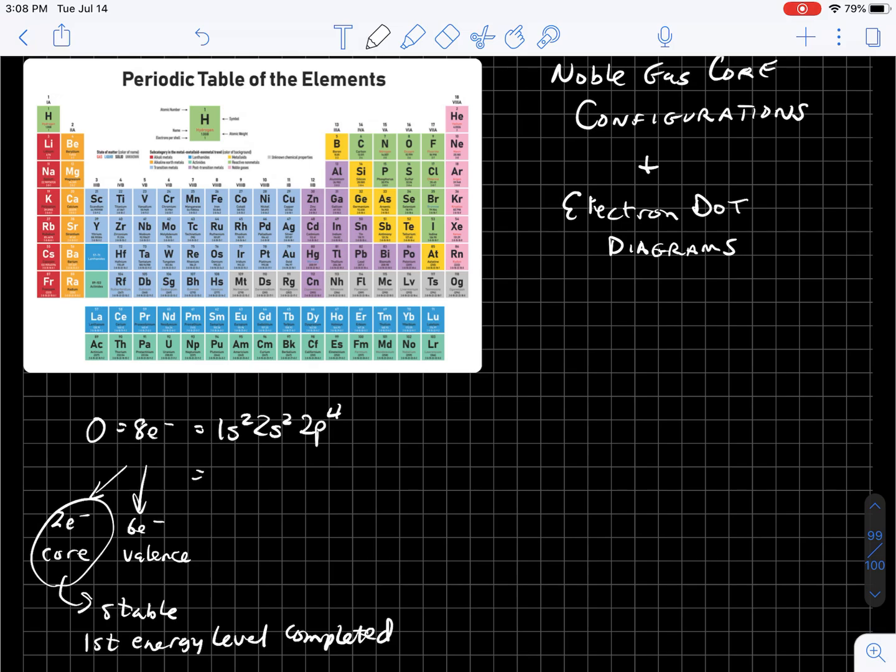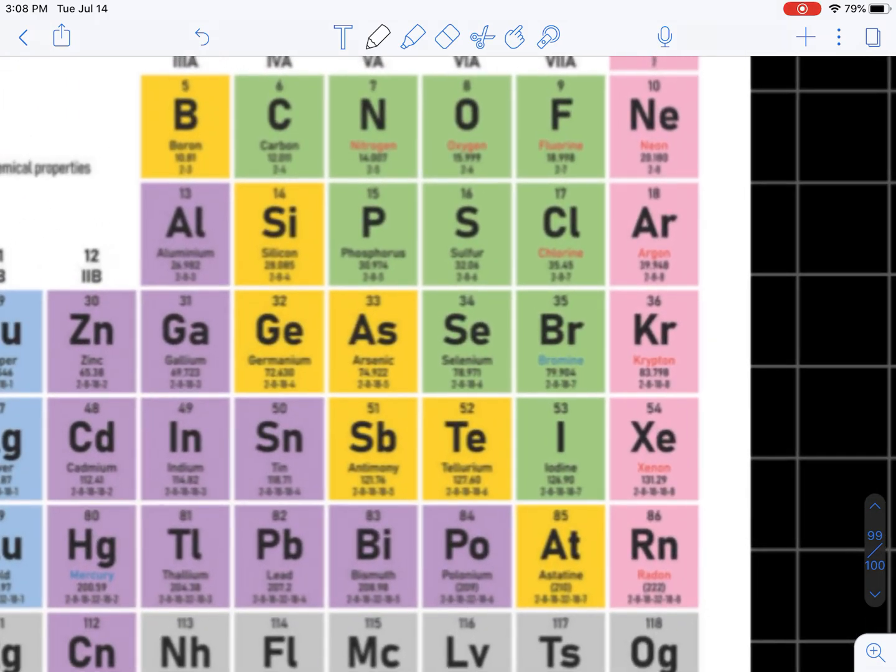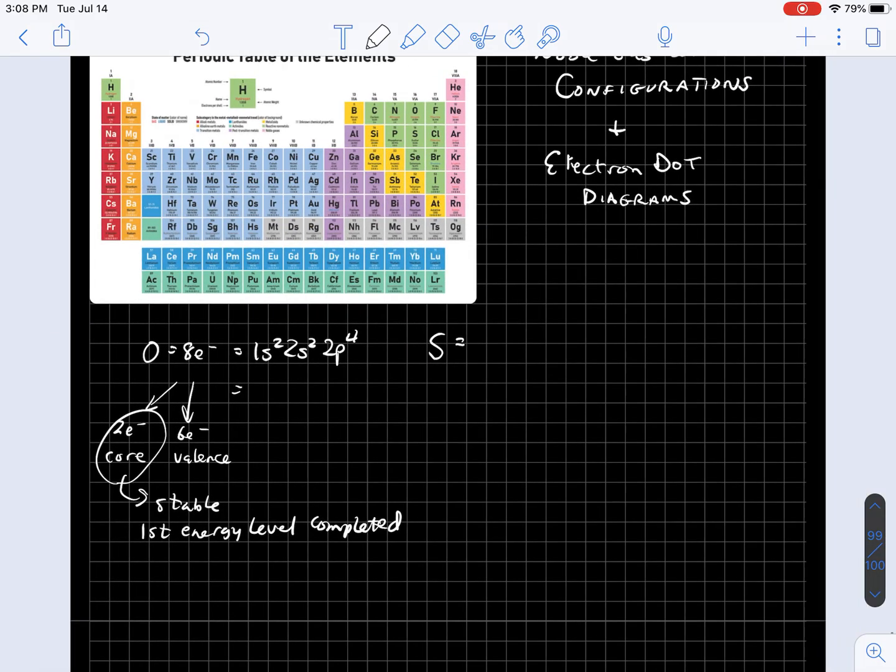Now if you take a look at sulfur, which has 16 electrons, again, we get a configuration of 1s2, 2s2, 2p6, 3s2, 3p4. And it turns out that there are 10 core electrons, and there are a total of 6 valence electrons, just like in oxygen.